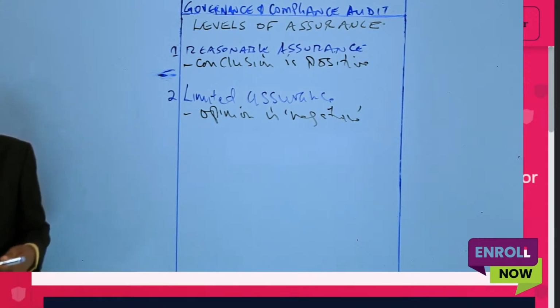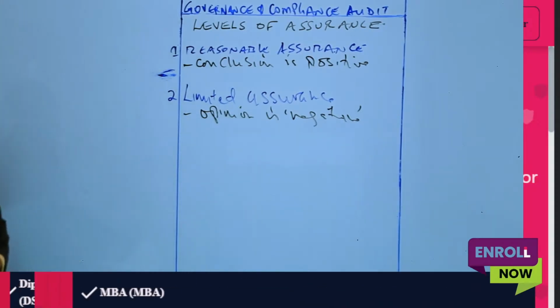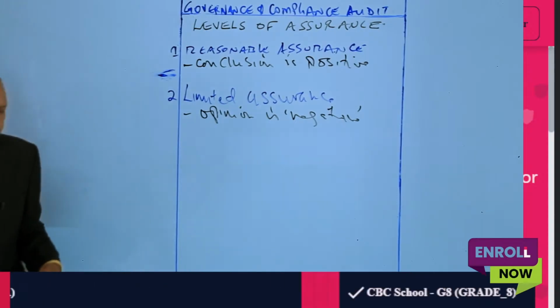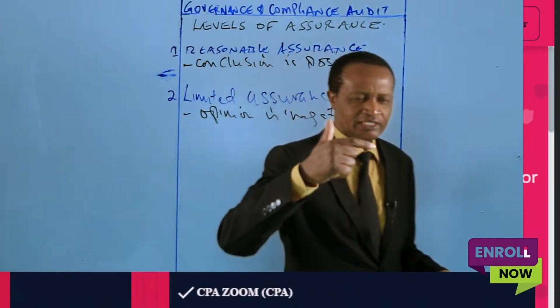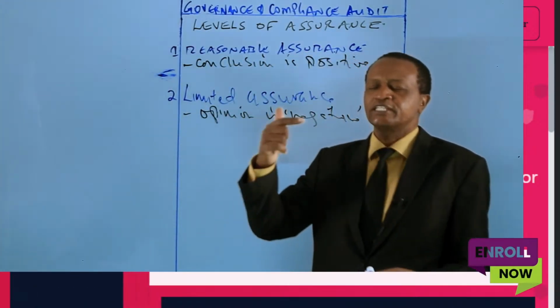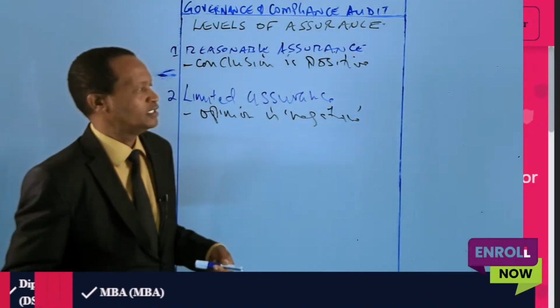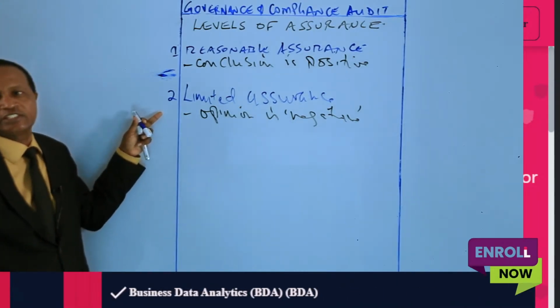And high-level inspections rather than detailed testing of transactions or controls. And the focus is on plausibility rather than detailed verification. In limited assurance engagement, testing is limited. And that's why the degree of assurance is low.